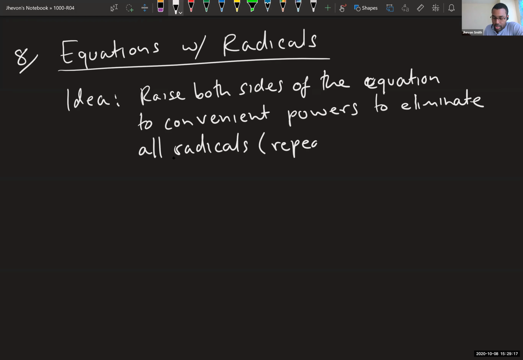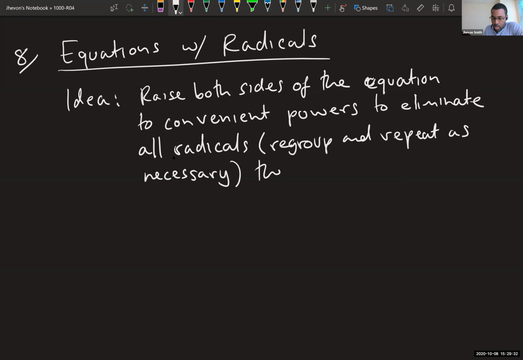Repeat as necessary. You might have to regroup and repeat as necessary. Then apply previous techniques.